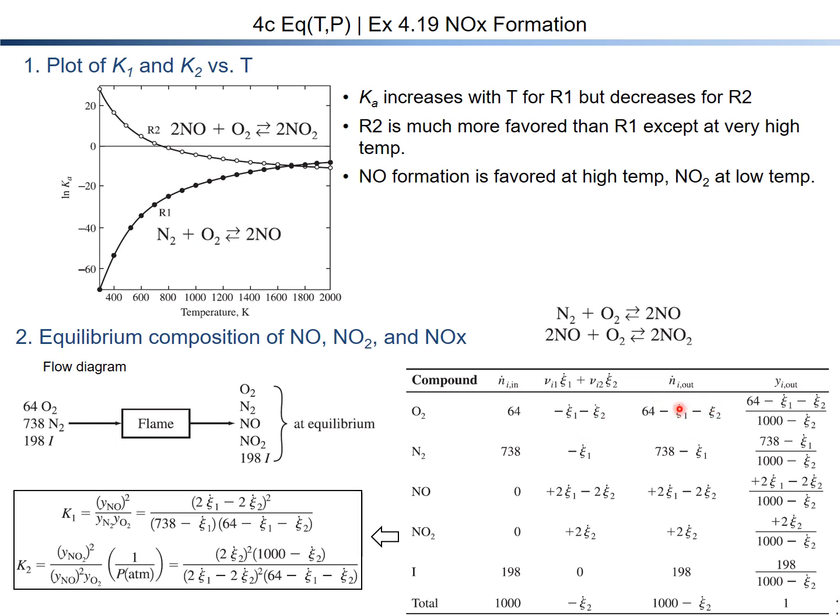With this you can define the mole fraction of all species in the exit stream using Xi1 and Xi2. Then put the mole fraction description into the equilibrium constant term, so K1 is a function of Xi1 and Xi2, and K2 is also a function of Xi1 and Xi2.